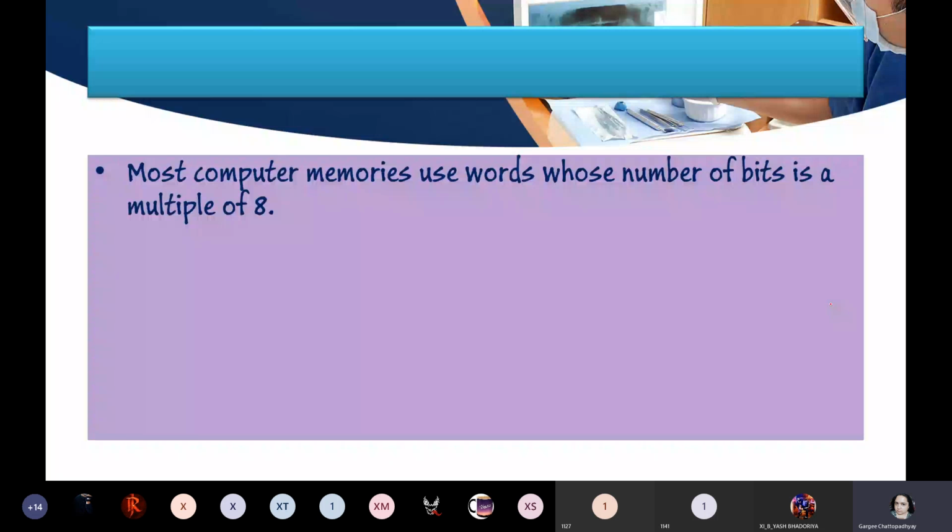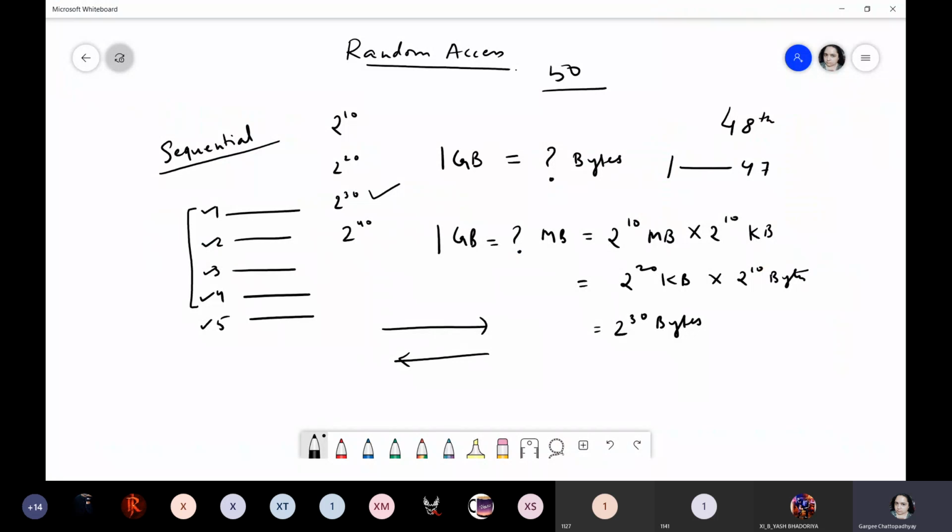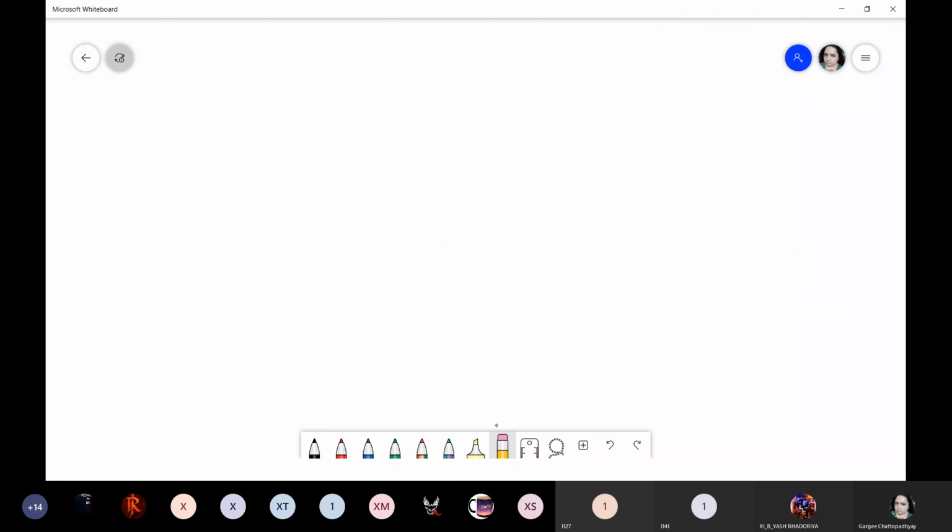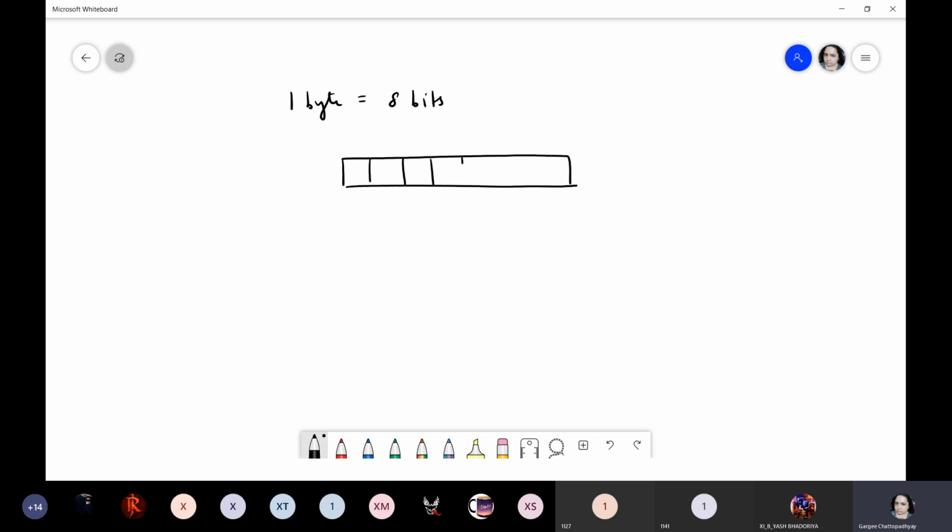Most computer memories use words whose number of bits is a multiple of 8. Why? We would be first having 8 bits. Normally, we know that 1 byte equals how many bits? 8 bits. Okay. That is something like this. So this is a collection of 8 bits.